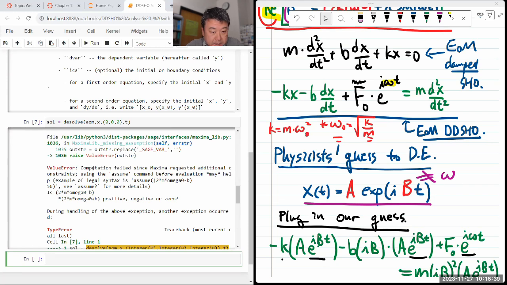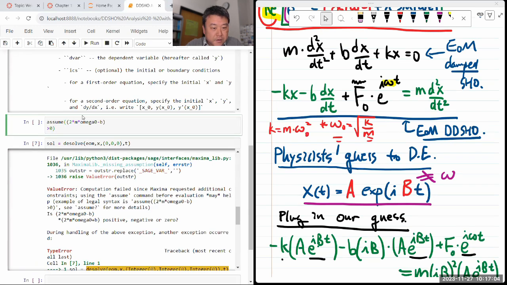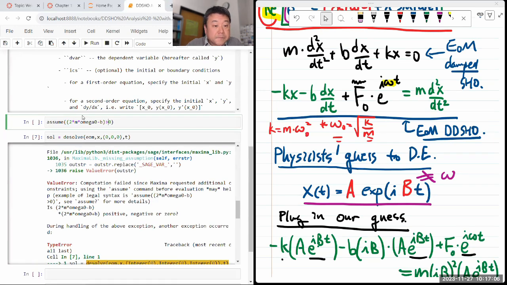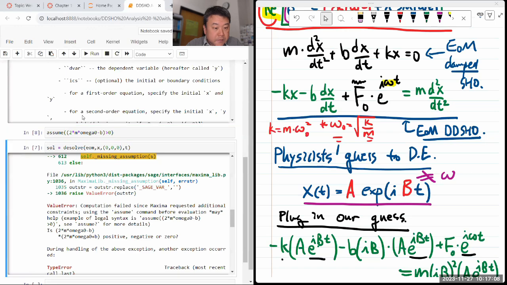So let's say, an example of legal syntax, is that all right? We'll just use it, because I think this quantity will be positive if your damping factor is small, and that sounds like what I want. So let me do that assumed thing. Let's see if that'll be enough.